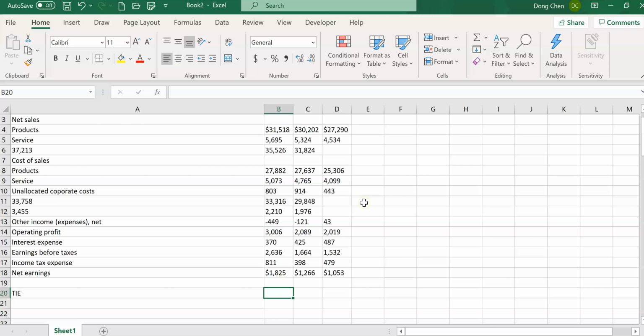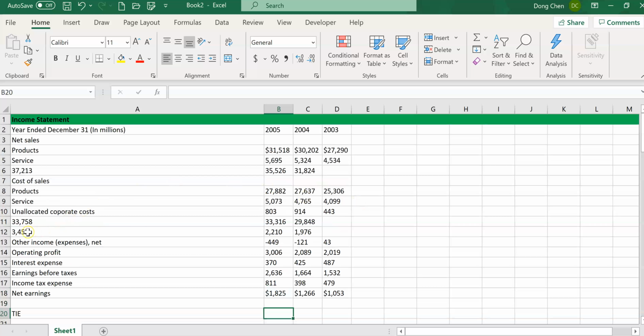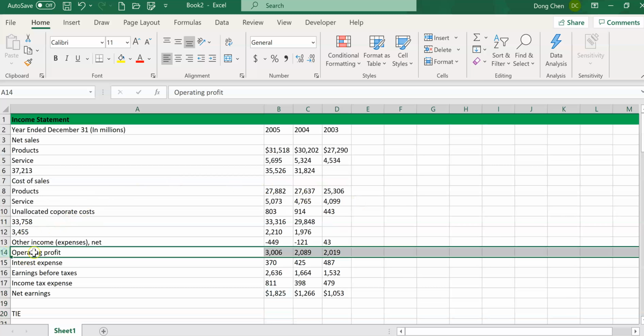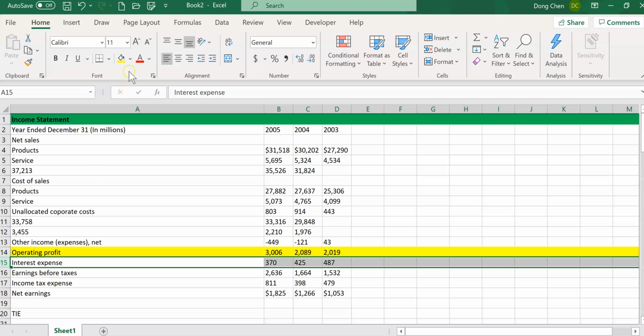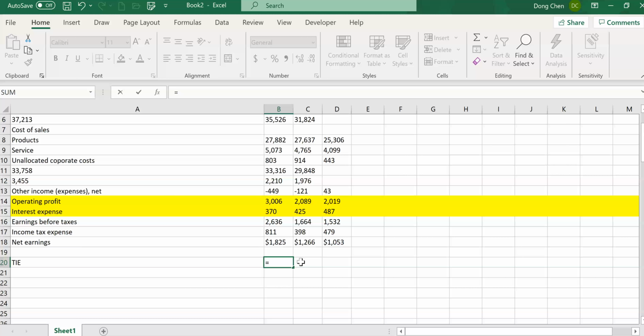EBIT many times is simply the operating income, or sometimes called operating profit. So let me highlight this in yellow. And interest expense is typically the item right below the operating profit. So TIE can be calculated by taking the operating profit and dividing by the interest expense.